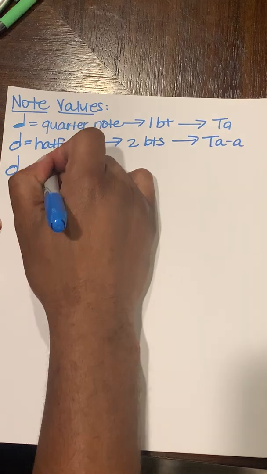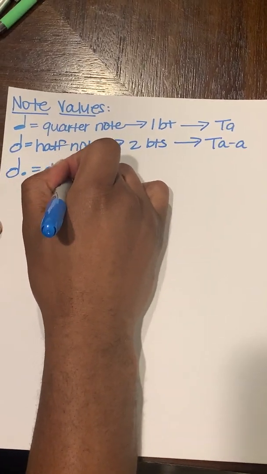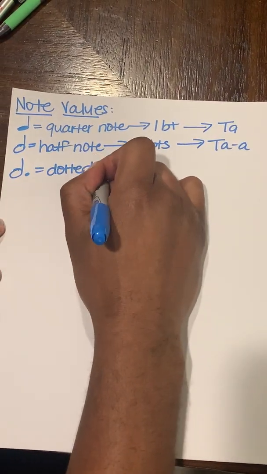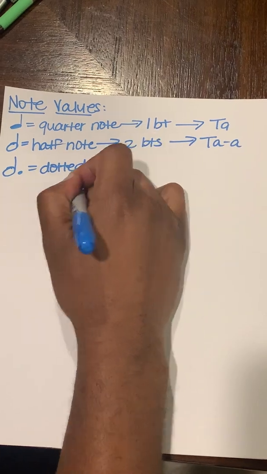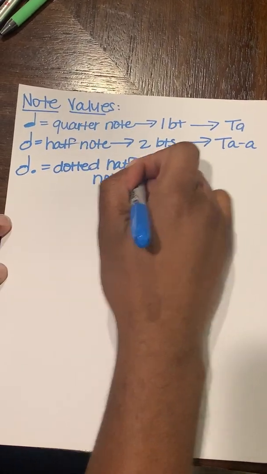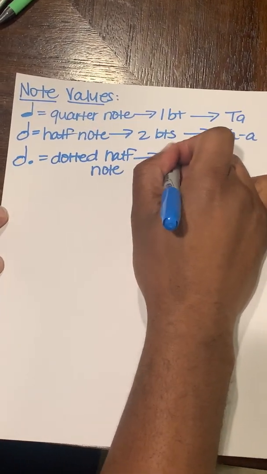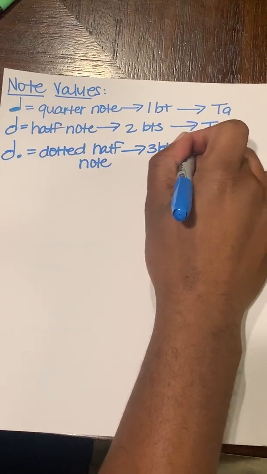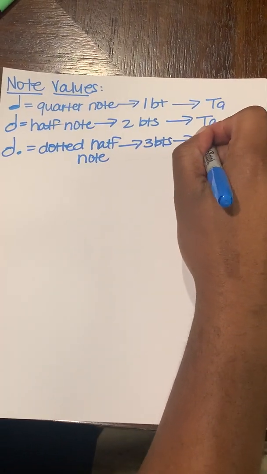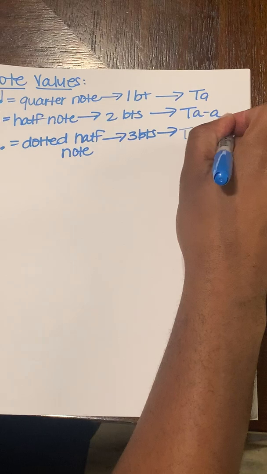The dotted half note receives 3 beats, and we count it aloud as ta.